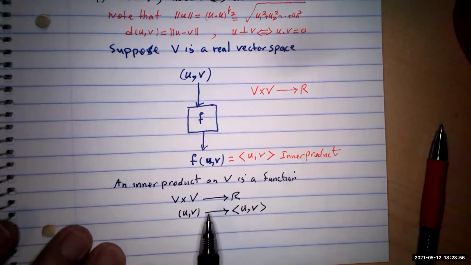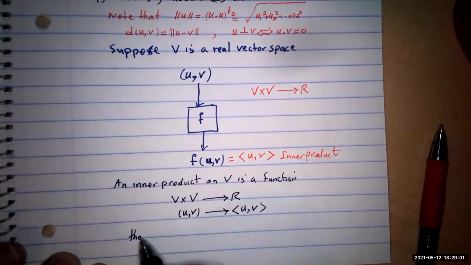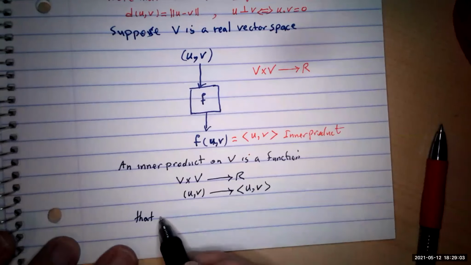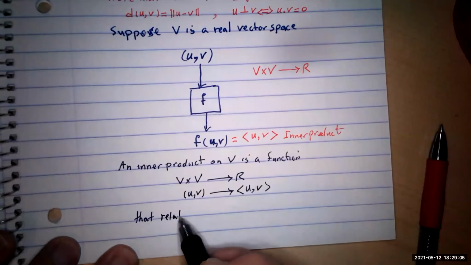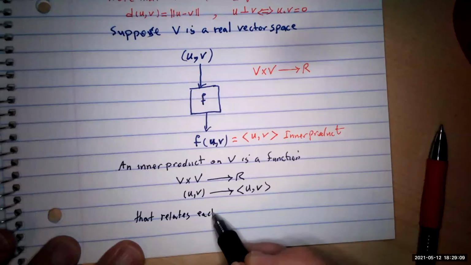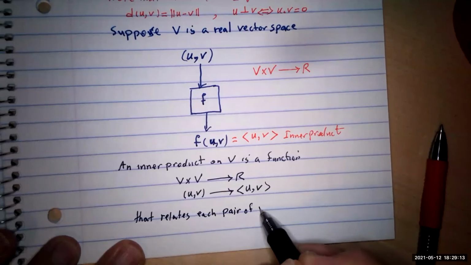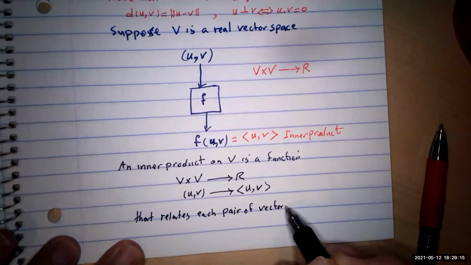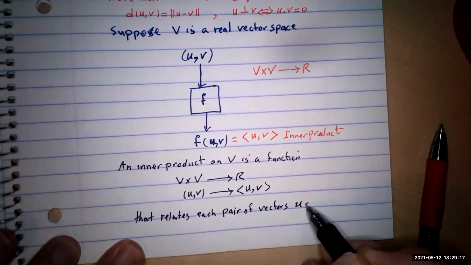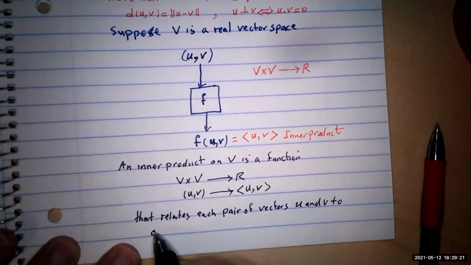An inner product on V is a function that assigns, or relates, each pair of vectors u and v to a real number.